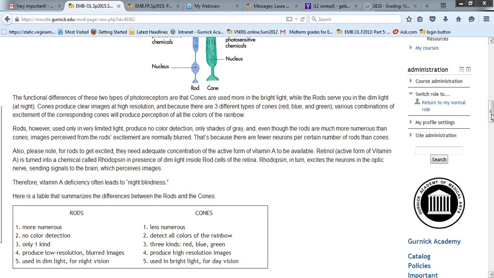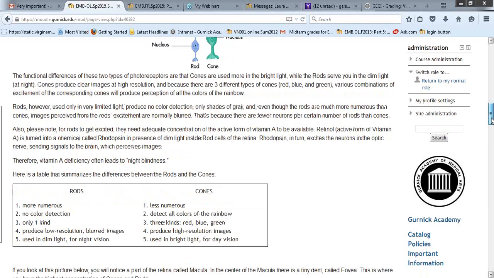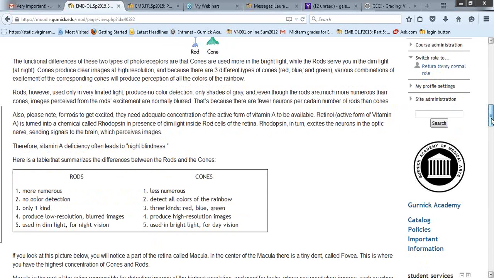Now, the cones work differently, and you don't need as many cones as you need rods. You have three different kinds of cones, and thanks to that you can detect different colors. You can see all the colors of the rainbow because of those cones.